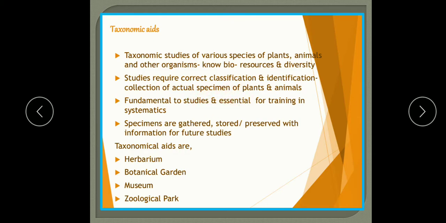The specimens are gathered, stored and preserved with the information for future studies. Some of the important taxonomic aids are herbaria, botanical gardens, zoological parks and museums. We will study all of these and their roles also.